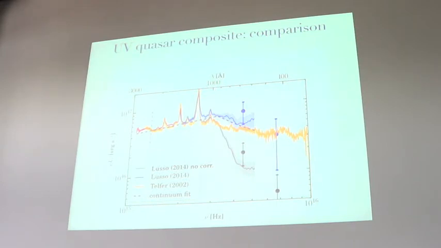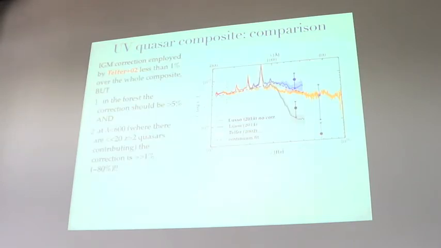And as you can see, the IGM correction in Telfer, they said, is less than 1%, so in the forest the correction should be at least 5%, so this is a 10% difference. And at shorter wavelength, where only high redshift quasars contribute, the correction is much higher than 1%, it's 80% actually. So this composite is underestimated at all wavelengths.